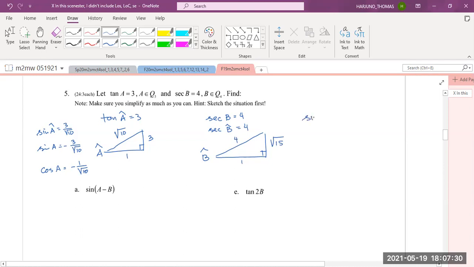So sine B hat, that's an acute angle, is square root of 15 over 4, but sine B with B in quadrant 4 will be negative. Cosine will be just the reciprocal of secant. The tangent will be negative then.